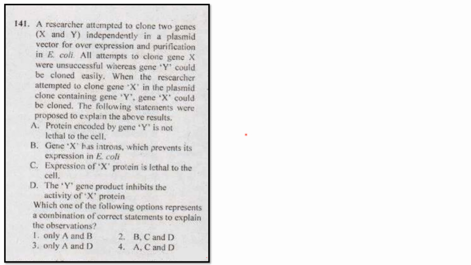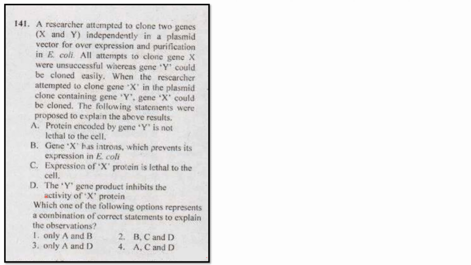But here they mention introns which prevent expression in E. coli. So it is wrong, because the introns are removed from the gene finally, but they are saying they prevent the expression in E. coli. So B is wrong.